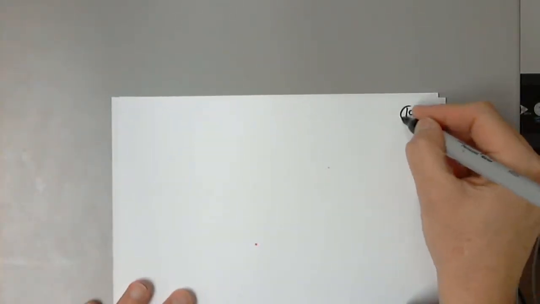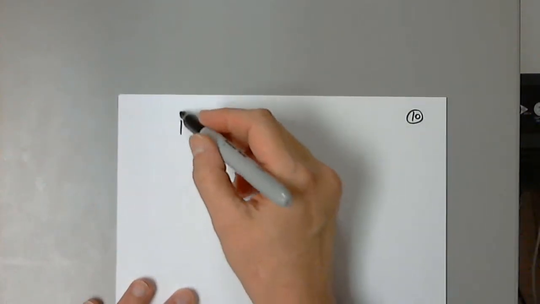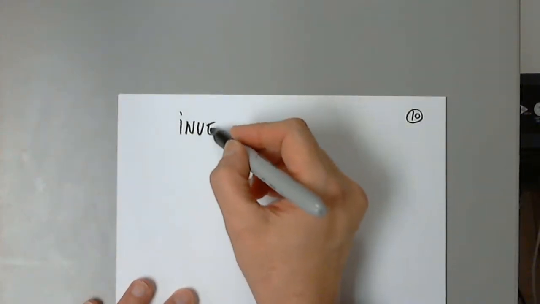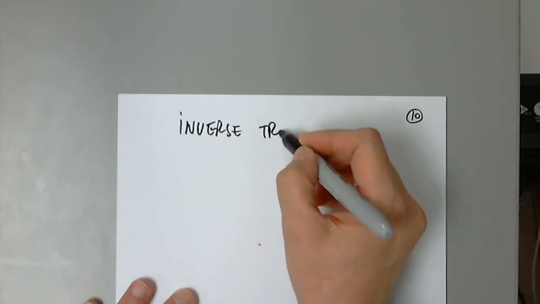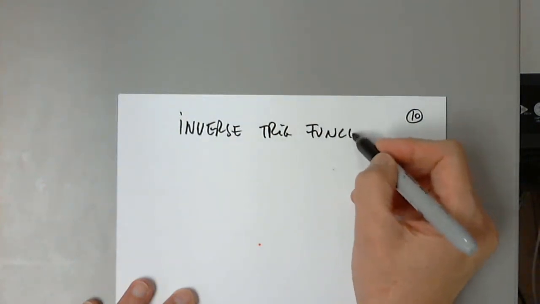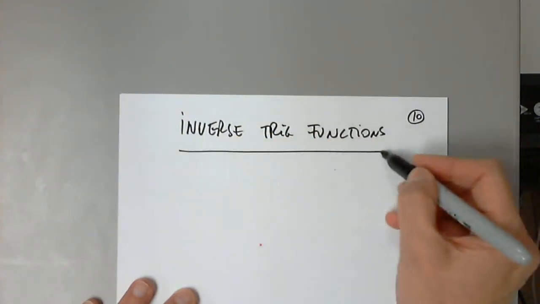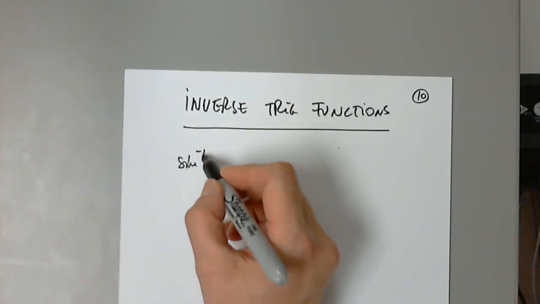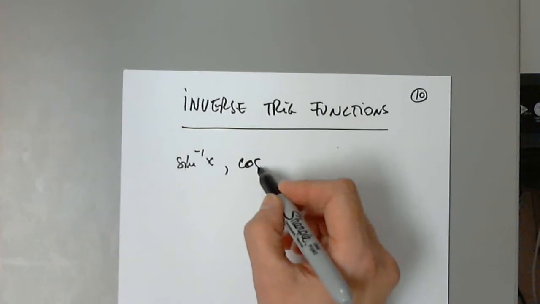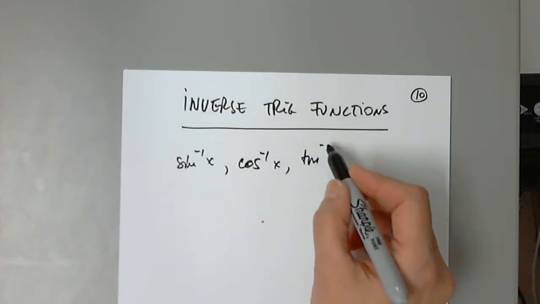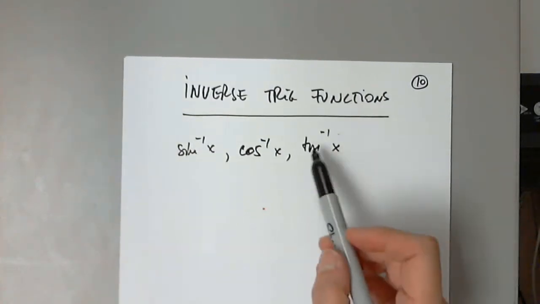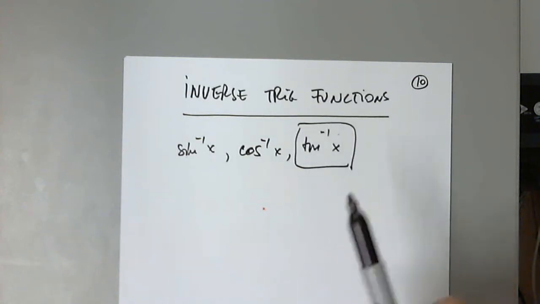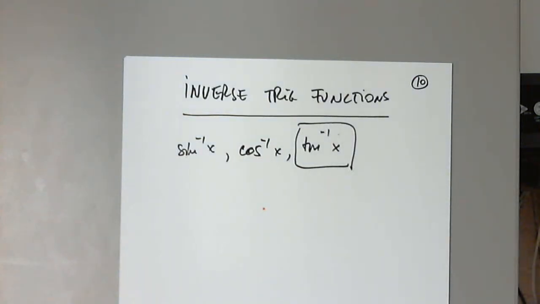Okay, let's look at inverse trig functions. All I would like to look at is sine inverse x, cosine inverse, and tangent inverse. The most important one that you will see frequently in calculus and beyond is the tangent inverse. So I'd like to start with that.